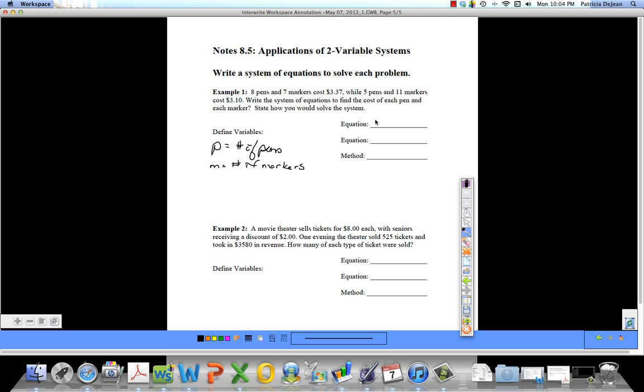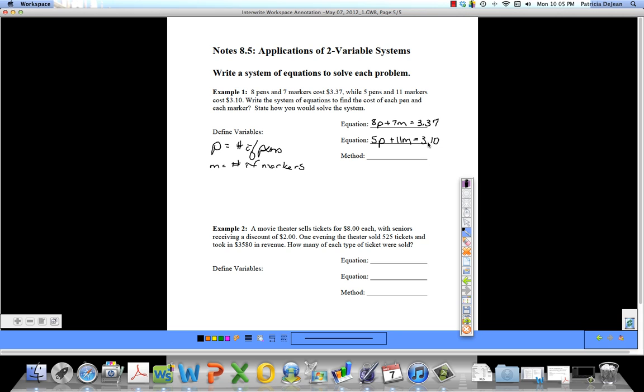Well, one equation is that 8 times the cost of a pen plus 7 times the cost of a marker is going to equal $3.37. And the other equation would be 5 pens plus 11 markers is equal to $3.10.